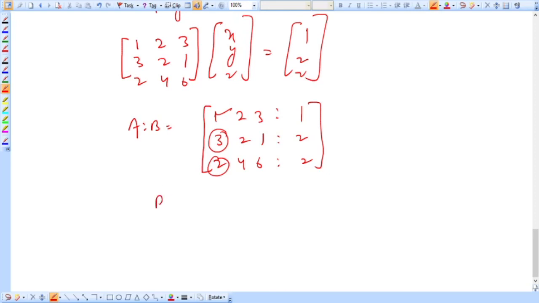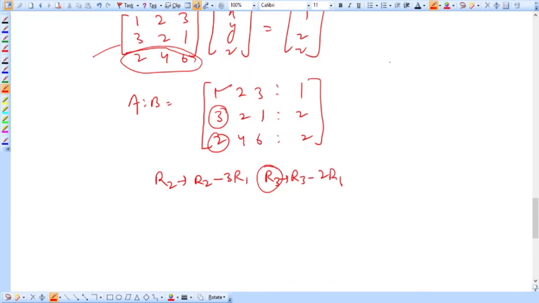So R2 minus 3R1 and R3 minus 2R1. In this way we are going to get the first row the same, 1 2 3 1, and the next row would be 0, minus 4, minus 7, and this is minus 1, right?